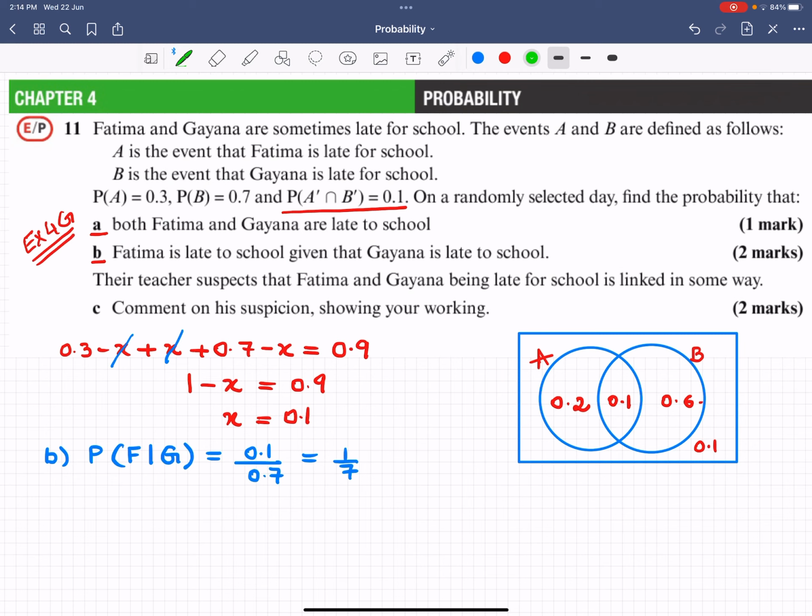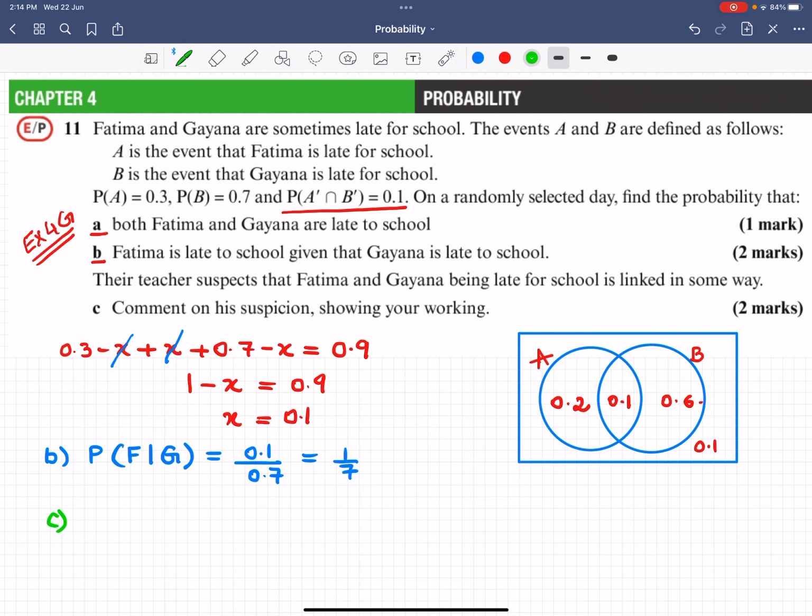Now for part C, the question is saying their teacher suspects that Fatima and Gayana being late for school is linked in some way. Comment on his suspicion showing your working. Now the teacher is having a suspicion that Fatima and Gayana are late to school, and there is some kind of link between both of them being late at the same time.